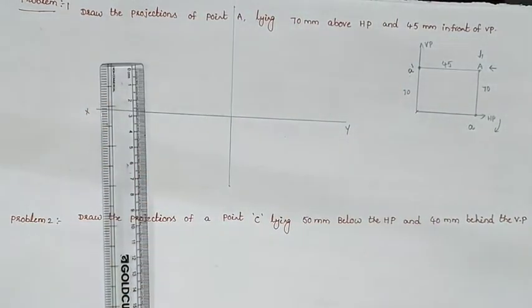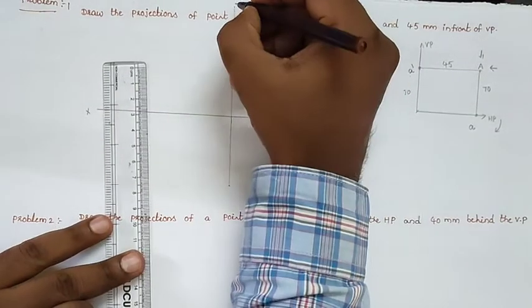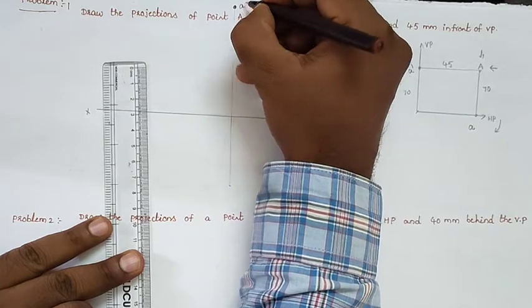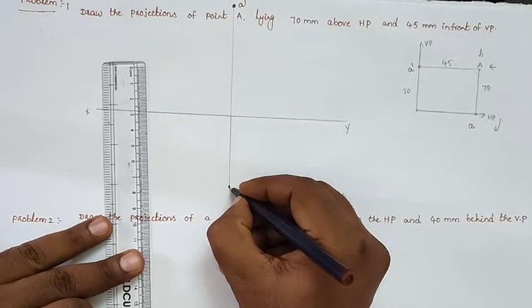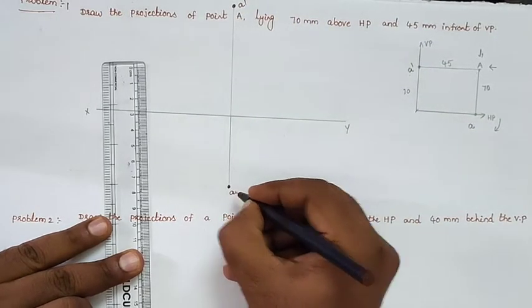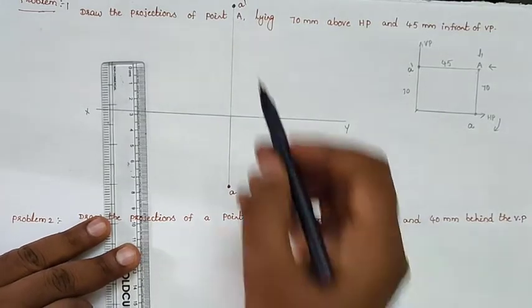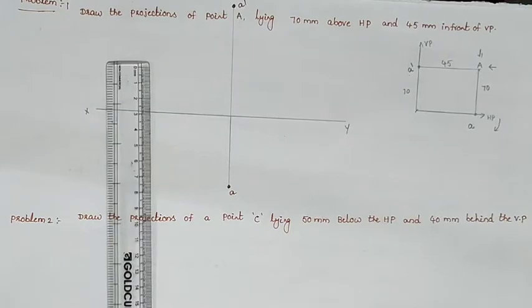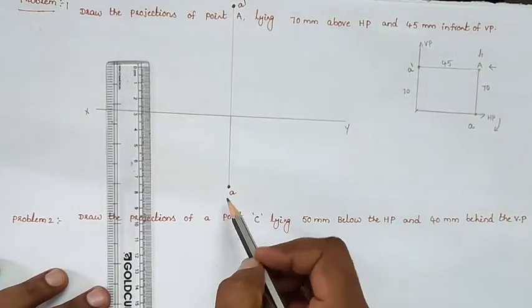So locate the points. I am locating here the point notation like that. Here we will get point a dash, and here we will get point a, because it is a top view. So a dash is our front view and a is our top view.